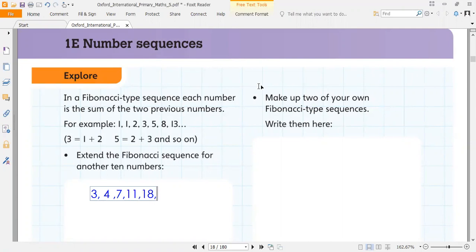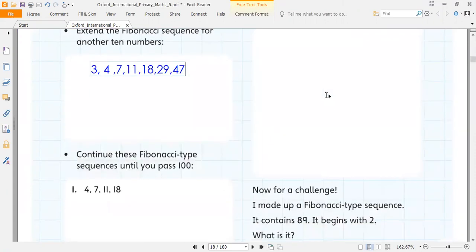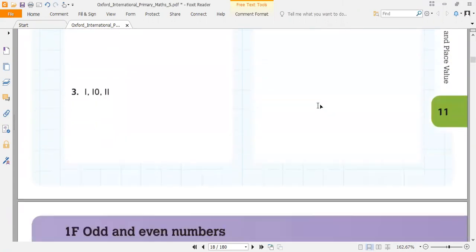After that, 11 and 18 is equal to 29. Then if we add 18 and 29, we will get 47, and so on. So you can do these exercises for practice.